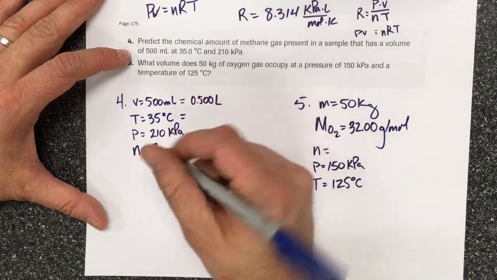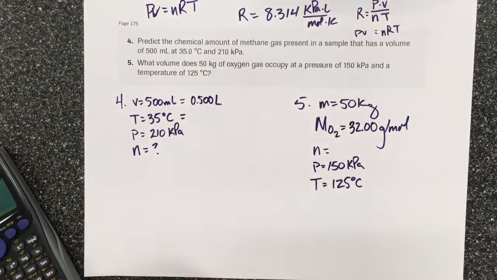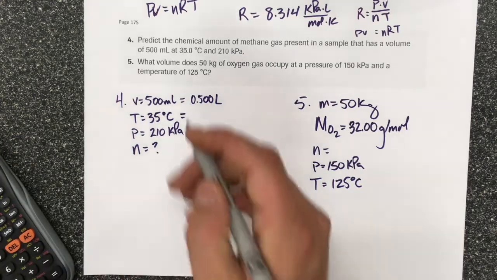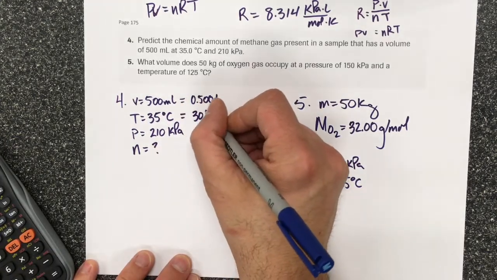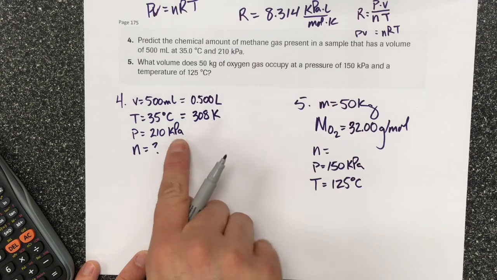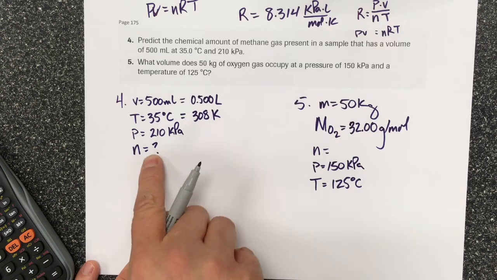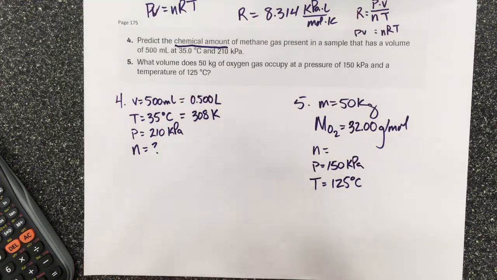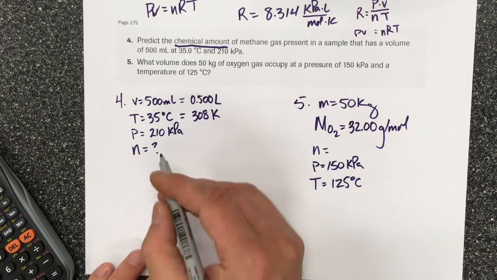The temperature needs to be in absolute value, so that's going to be 308 Kelvin. This is already in kilopascals. We want to know the chemical amount, which is the name for molar amounts, as opposed to mass or volume or something like that.